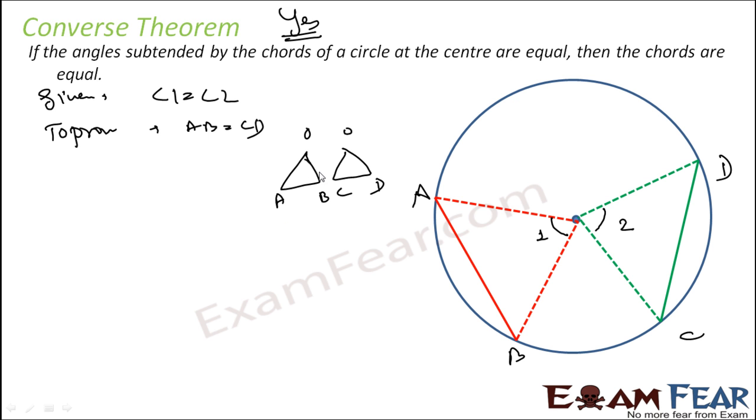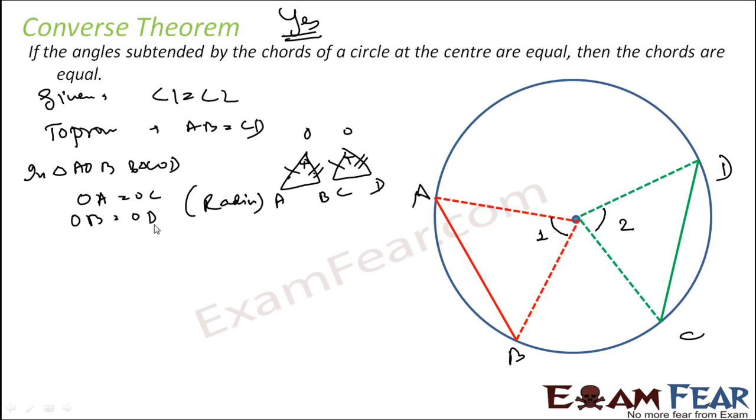Okay, so if you see, these two sides are equal, OB is equal to OD, it's also equal, and these angles are given equal, right? Now using SAS, both are congruent. So we will write in triangle AOB and COD, OA is equal to OC, OB is equal to OD, both are radius, and angle AOB is equal to angle COD, that is given.